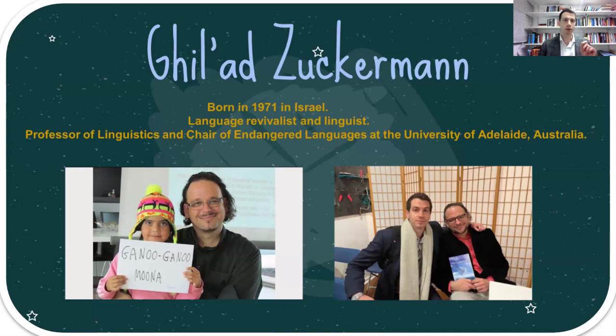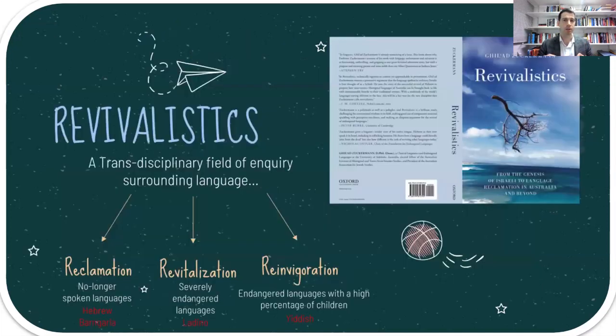Because in his work, Ghil'ad Zuckermann distinguishes 3 levels of revivalistics. Reclamation, which means efforts towards reviving a no longer spoken language, as it happened, for instance, with Hebrew.